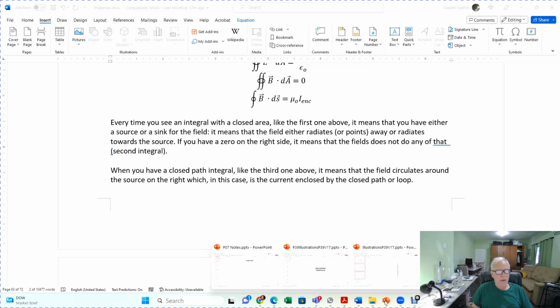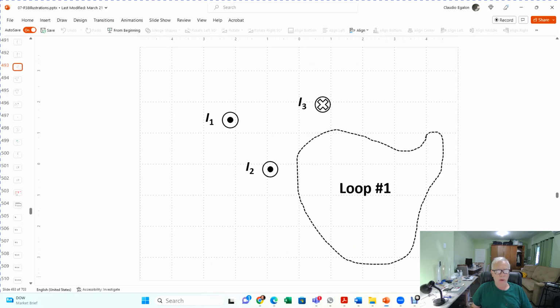Let me give you some illustrations. Suppose that you have a bunch of currents coming out of and into the board. This current is a very long wire that's coming towards you. This other current is another current coming towards you, and this is a current that's going into the board. I choose an arbitrary loop, an arbitrary path, like this loop number 1.